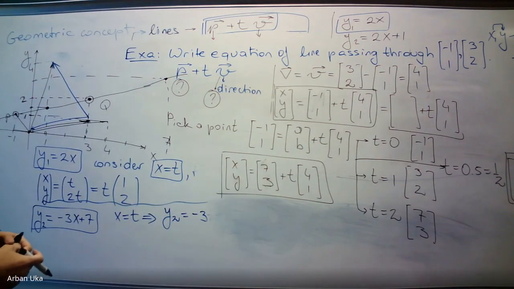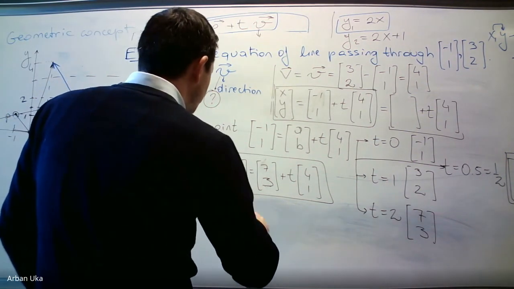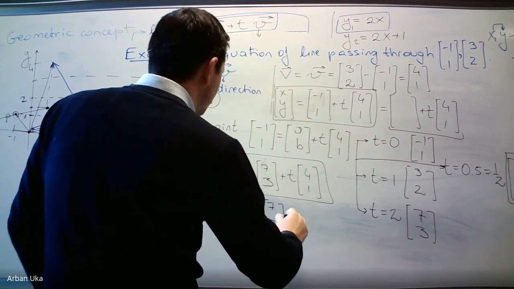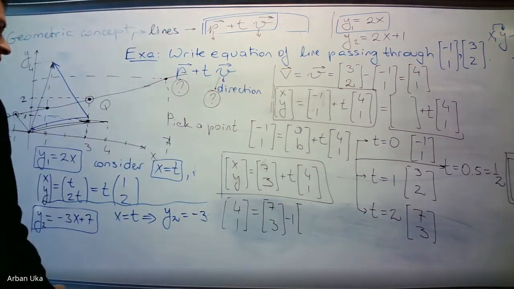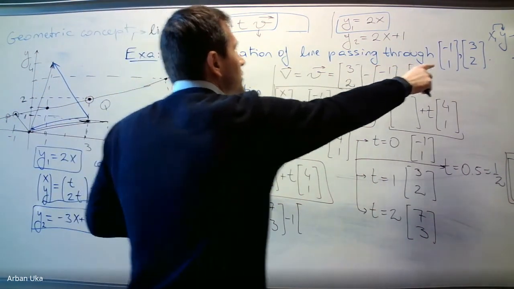But then if we put here points, what was it, (4,2), no, (4,1). So then (4,1) would be equal to (7,3) minus 1, so what is this? No, it was (3,2), right?